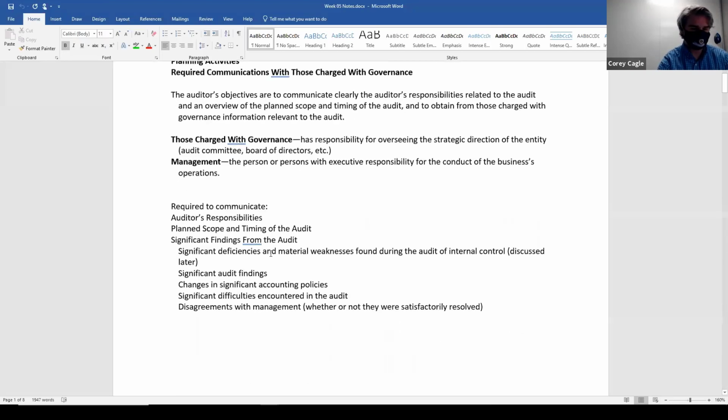Here's a list: auditor's responsibilities, plan, scope, and timing of the audit, significant findings from the audit, and then I think I added this separate because it's covered in a later section, but I kind of wanted it here. Significant deficiencies and material weaknesses found when you're looking at internal control.